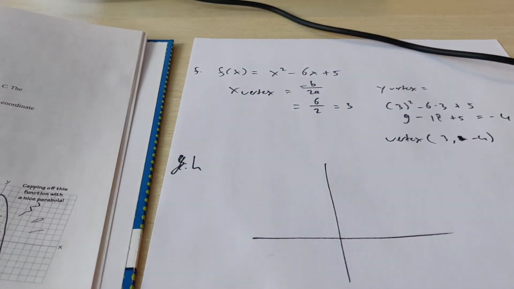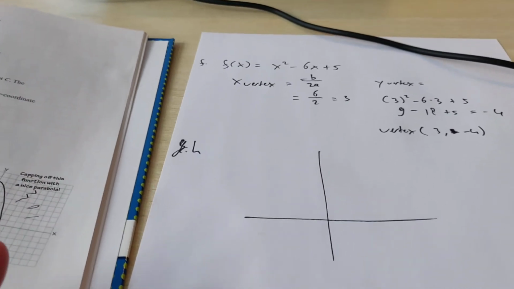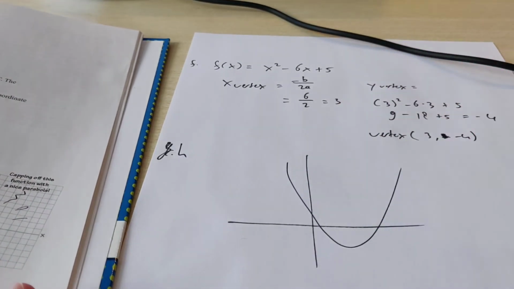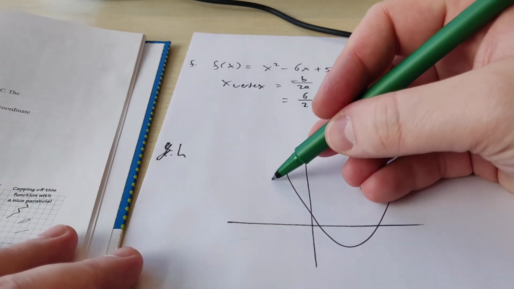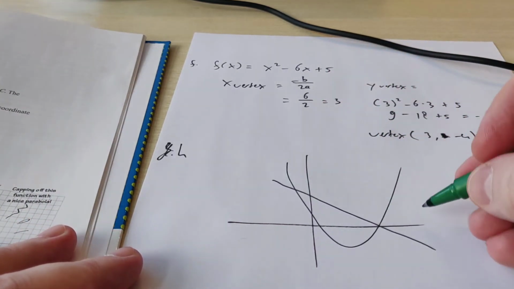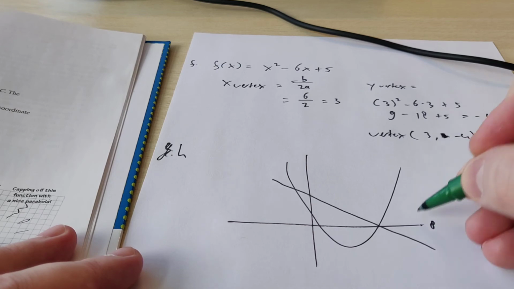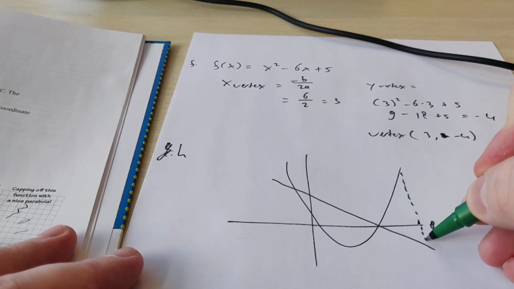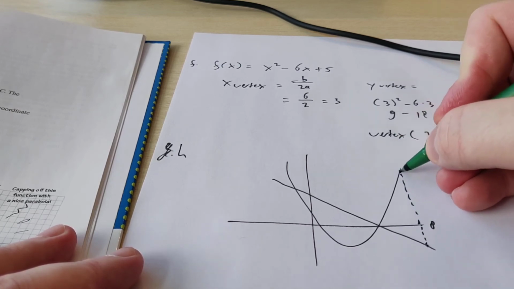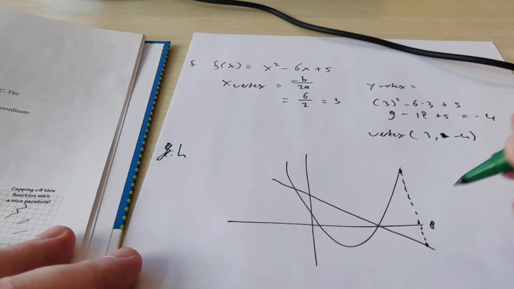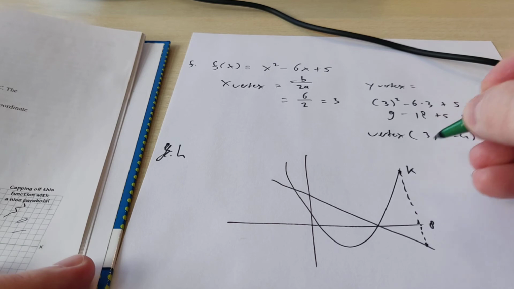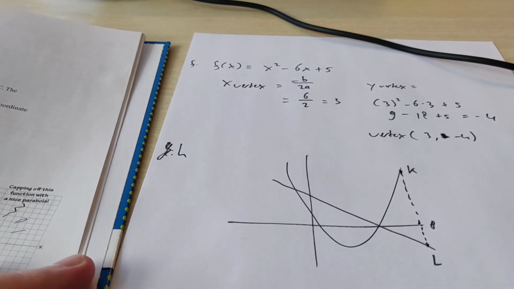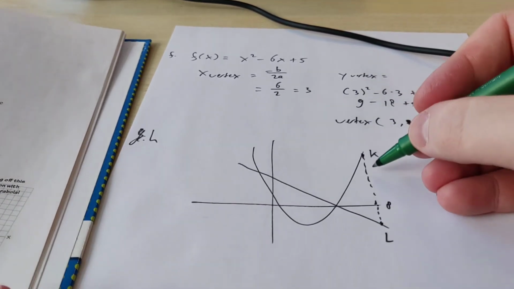Well, f is a parabola, so it will probably look a bit like this, and the other one is a straight line, which might look like this actually. And here the 8 could be there, and then the line goes through the two graphs here and there, here point K, and here in point L. And we need to know the distance of this line.